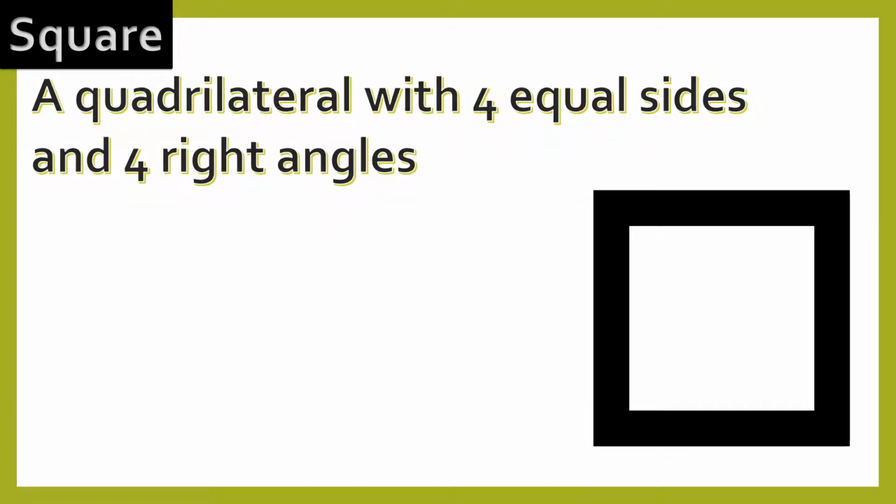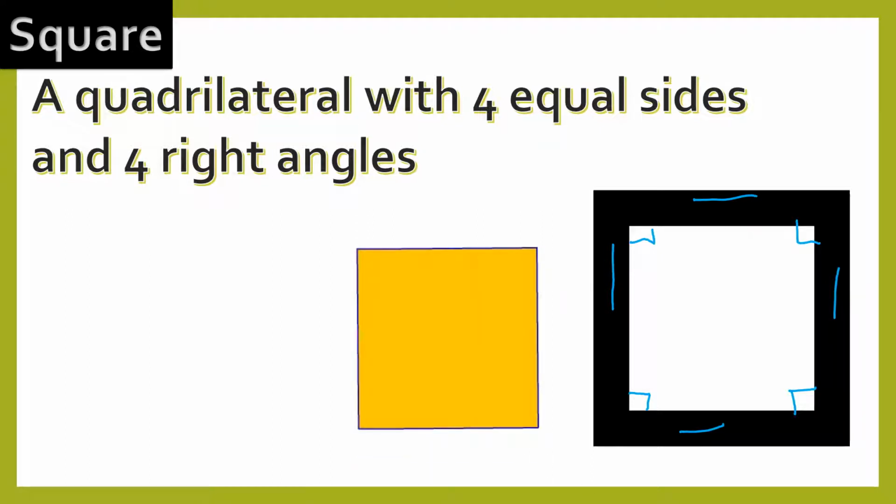How about this guy? Good, look. Four equal sides. 1, 2, 3, 4. They all have the same length. And four right angles. Right angles, remember, are angles like you would see on a book. What about this guy? Four equal sides. 1, 2, 3, 4. They're the same length.